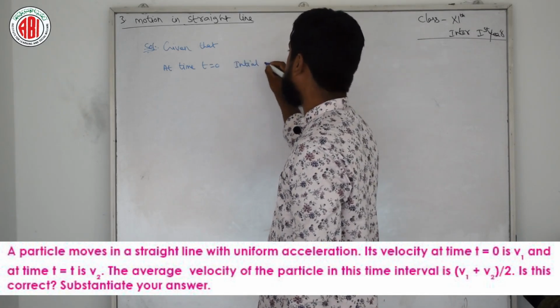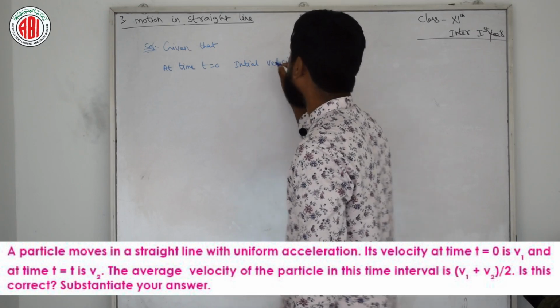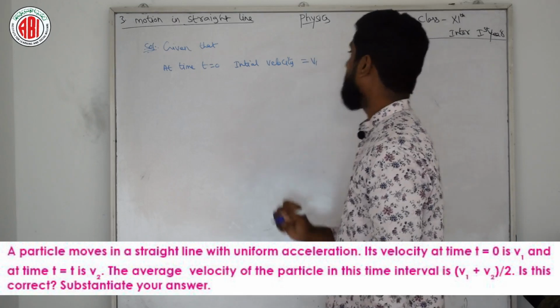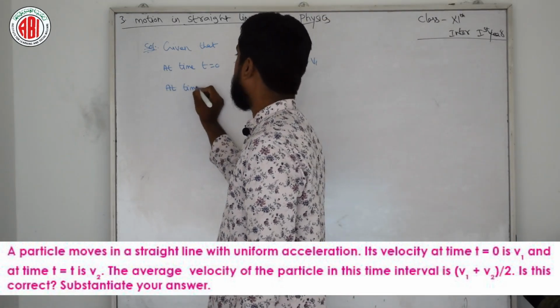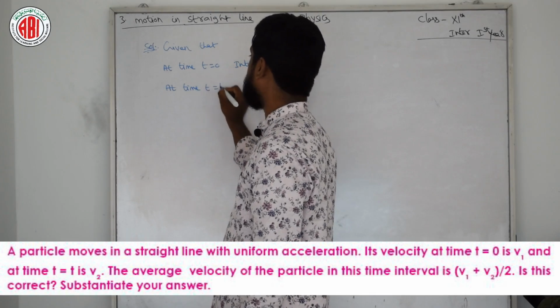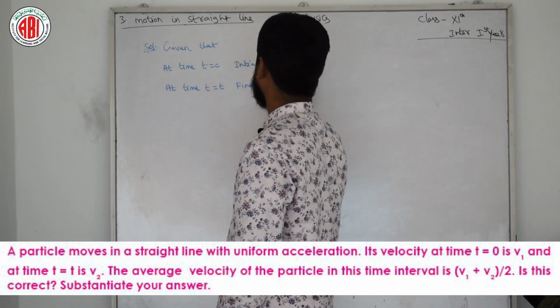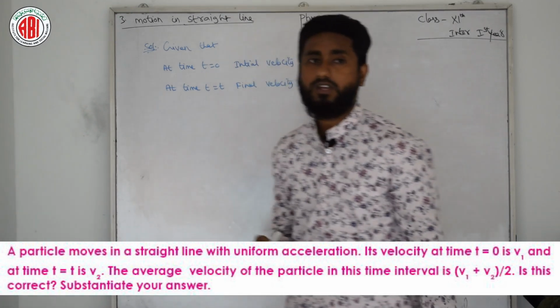Because it is the starting velocity, that is v1. At time t equal to t, the final velocity is given, v2.